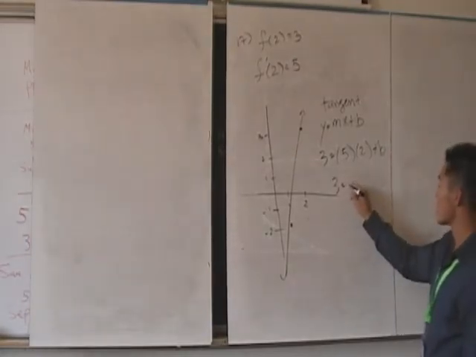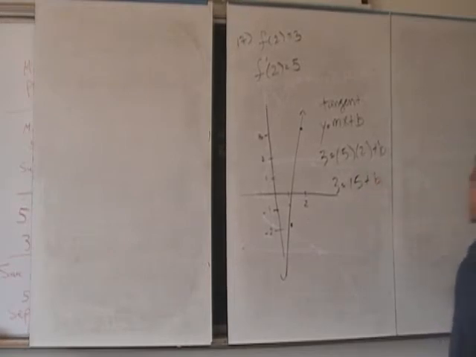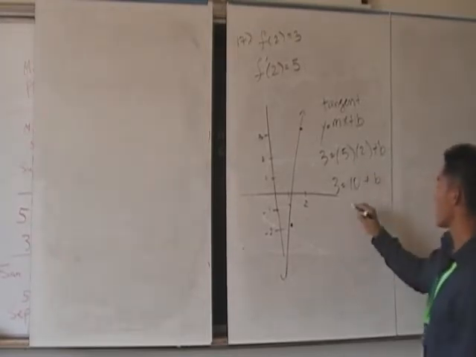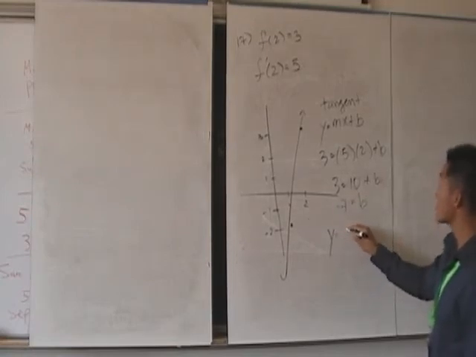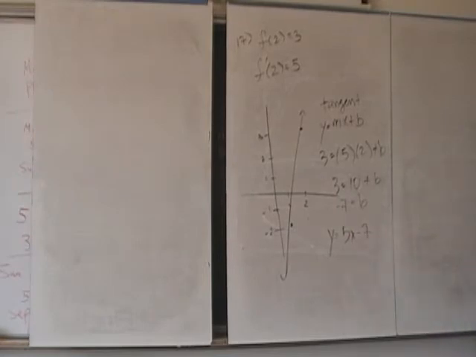So 3 is equal to 10 plus b, and then b is equal to negative 7. So your equation of the line tangent is this right there.